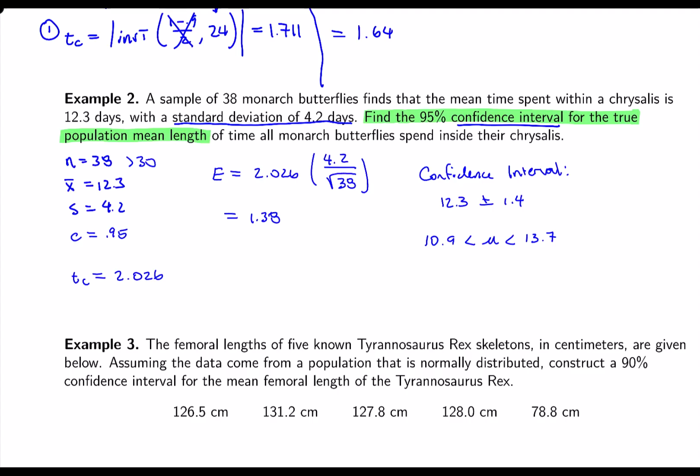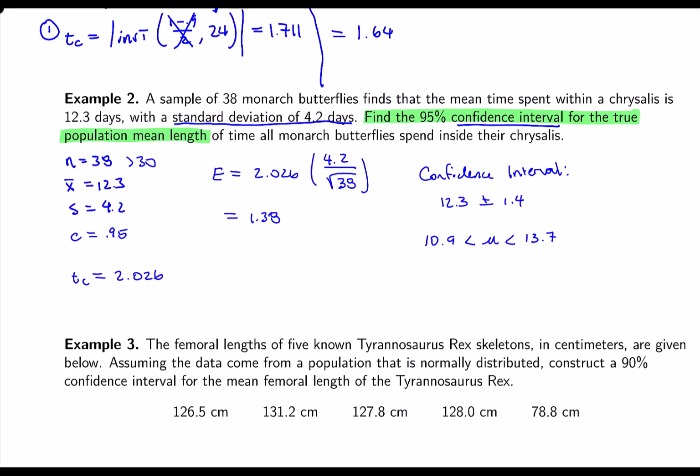Now, before I go on to the next example, there is one other thing I want to talk about here in terms of the use of a t-distribution versus a normal distribution. You see, the thing about the use of the t-distribution is because we're using the sample standard deviation instead of the population standard deviation. And the population standard deviation is an exact value.